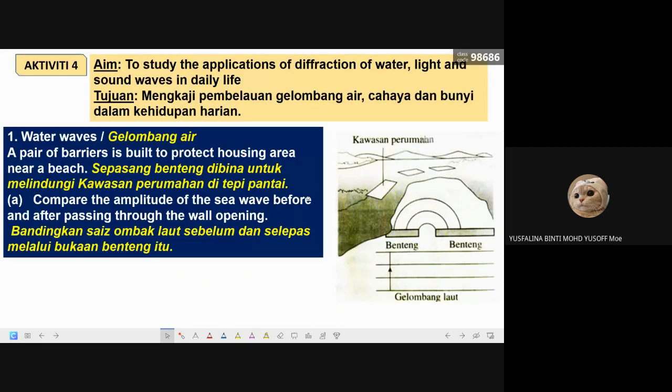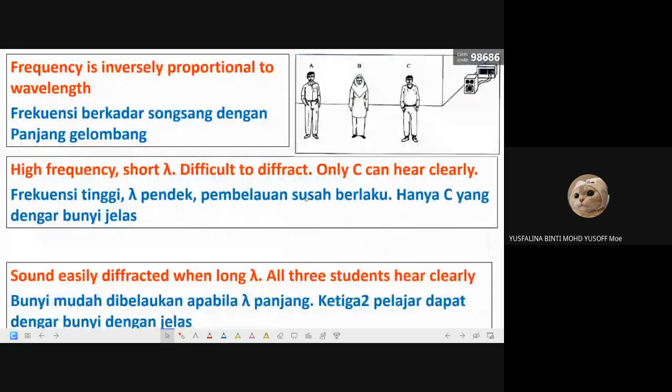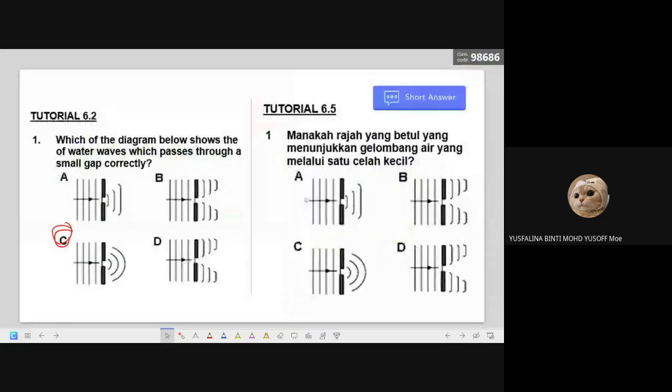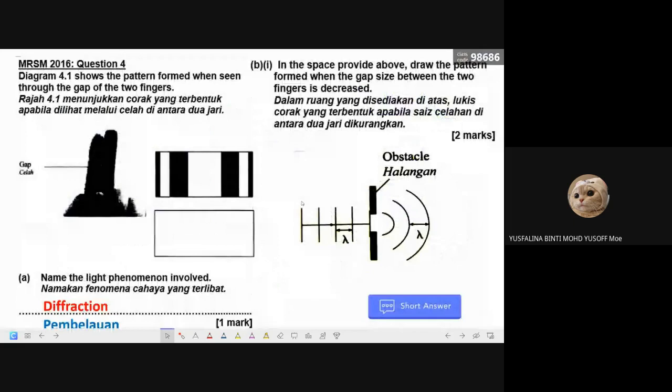So what you have to draw here is, you just draw the same thing, but in the middle the bright fringes will become smaller. This one you have to color it, so it can become darker here. This is to show that it's a dark fringe. So this one is dark, bright, dark.